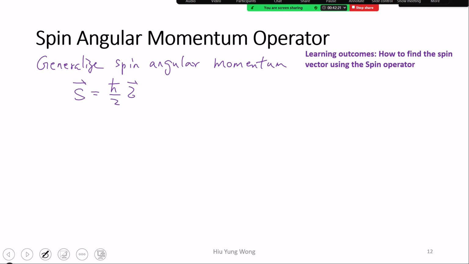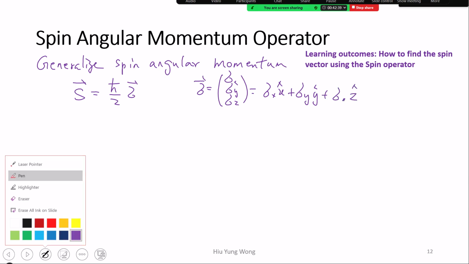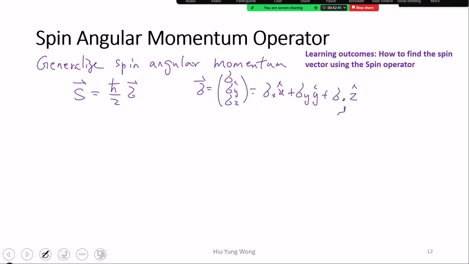This is called the Pauli vector. Remember? It is sigma equals sigma x, sigma y, sigma z. Or if you want, sigma x x-hat plus sigma y y-hat plus sigma z z-hat. Do you remember this one? We have done that a few times, including in your assignment 1.